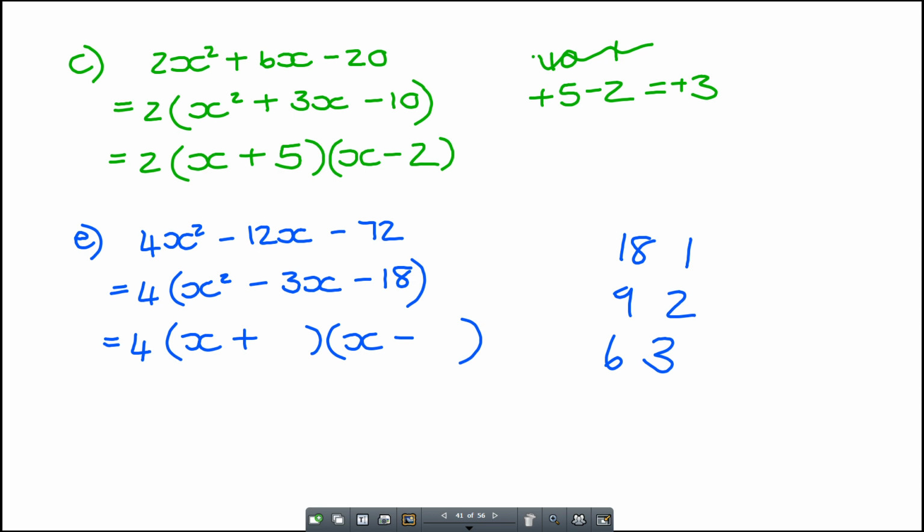I've got to use those to get negative 3. Now, 18 and 1, I can't use. 9 and 2 won't be able to get to minus 3. But 6 and 3, I could. I can say minus 6 plus 3 will give me the minus 3. So minus 6 plus 3.